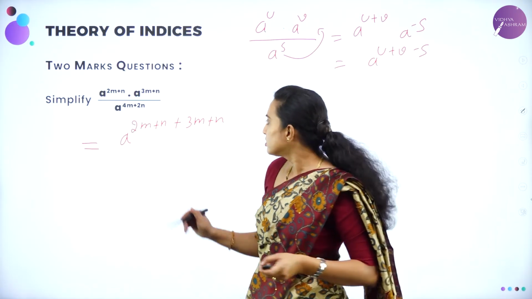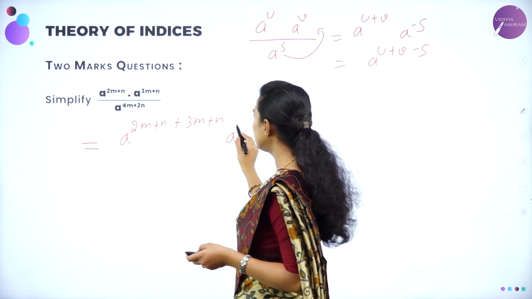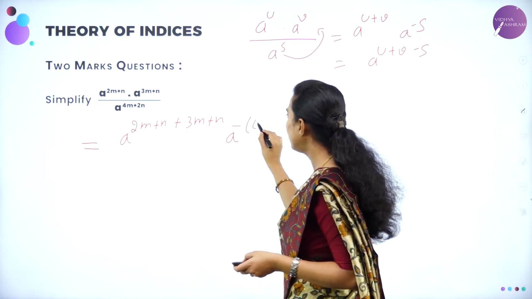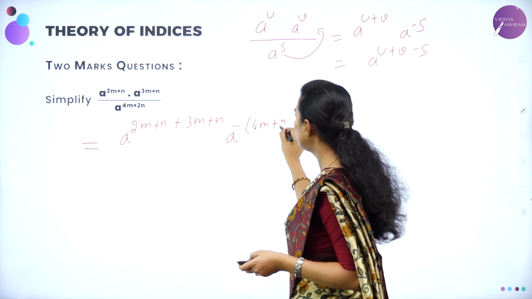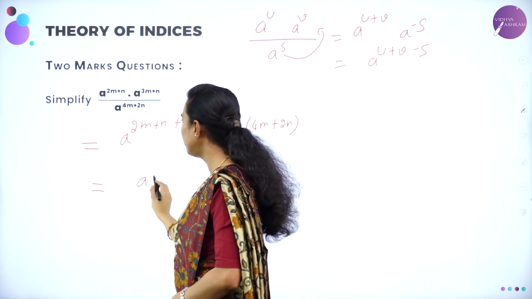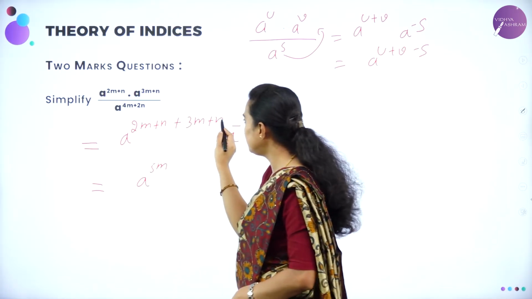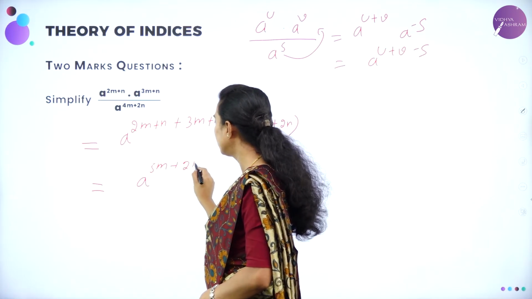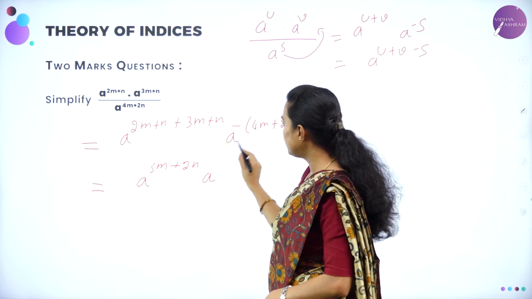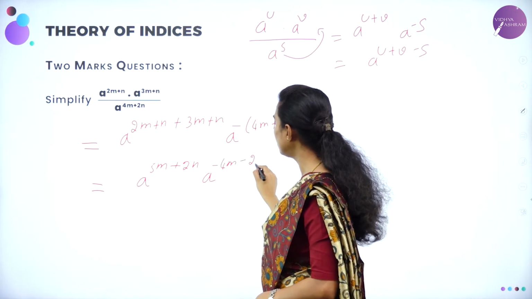That's it. Okay. So I am going to write here a to the power of, see, if it comes to the numerator, it will become negative. Since plus you are having, open the bracket, 4m plus 2n. So what will this become? Again, a to the power of 2m plus 3m is 5m, plus n plus n is plus 2n. Right? So a to the power of, minus into plus is minus 4m, minus into plus is minus 2n.